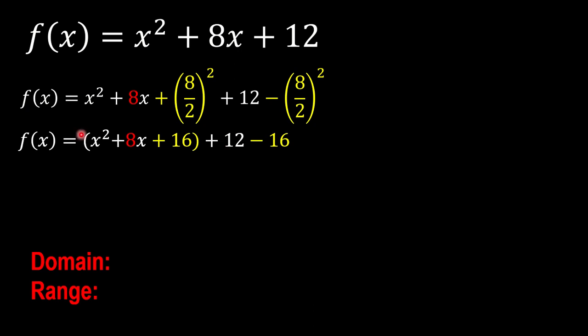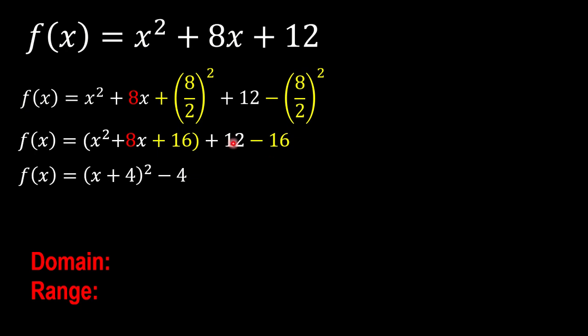This trinomial, we need to express as a square of a binomial. As you notice, x squared plus 8x plus 16 can be expressed as the quantity x plus 4 squared.